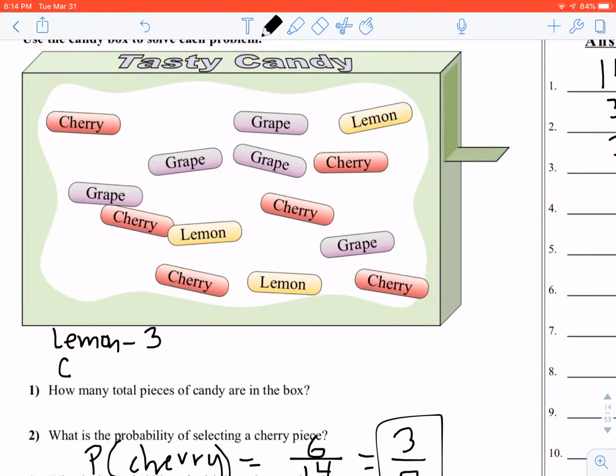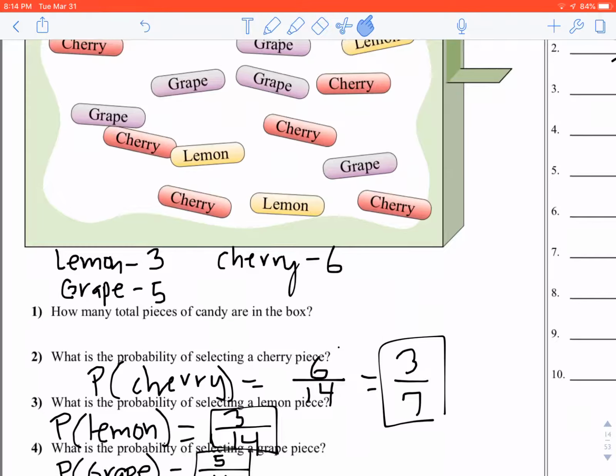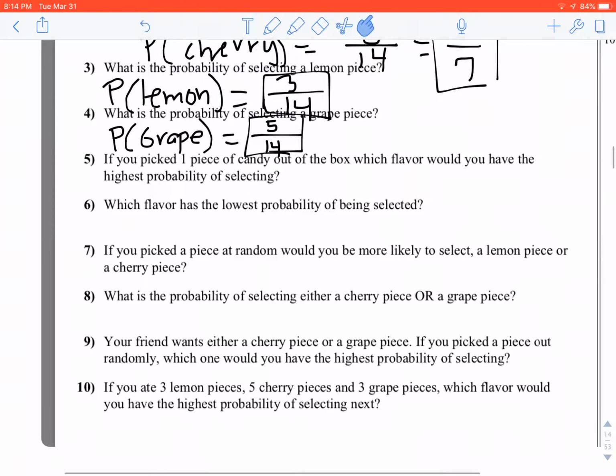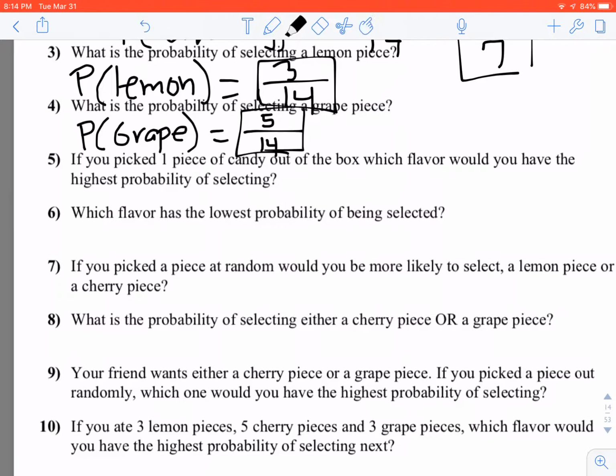Look at the grape: 1, 2, 3, 4, 5. We have 5. And look at the cherry: we have 1, 2, 3, 4, 5, 6. So out of the 14, the candy bar that occurs most often is cherry. Since it occurs most often, the cherry has the highest probability of being selected.